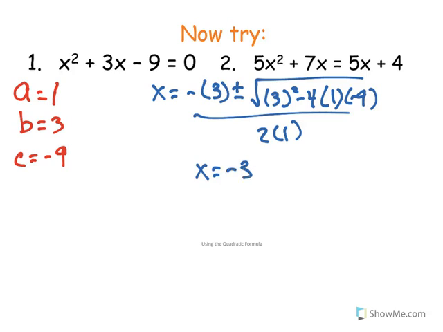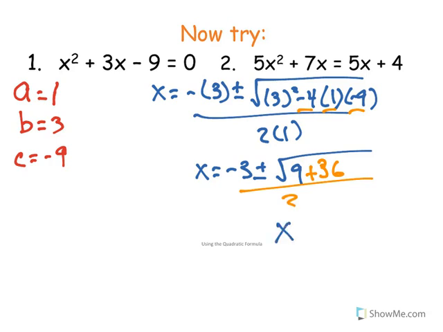So that's going to give me negative 3 plus or minus the square root of 3 squared, which is 9, minus 4 times 1 is negative 4, times negative 9 is positive 36, all divided by 2 times 1, which is 2. So I've got x is equal to negative 3 plus or minus square root 45 divided by 2.